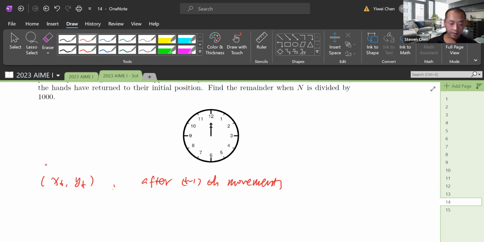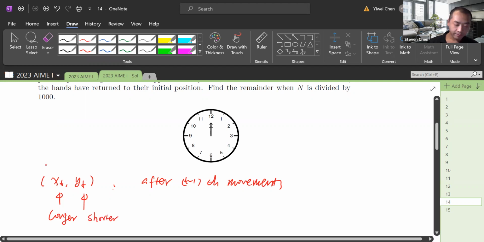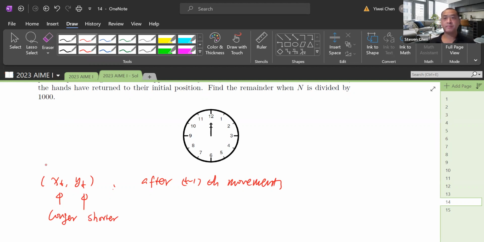Here, x sub t denotes the number of movements we make on the longer hand, and y sub t denotes the number of movements of the shorter hand. And we count up to the t minus 1 total movements.